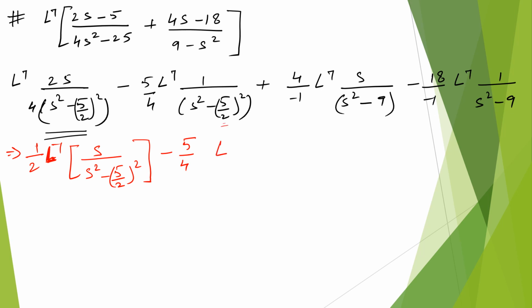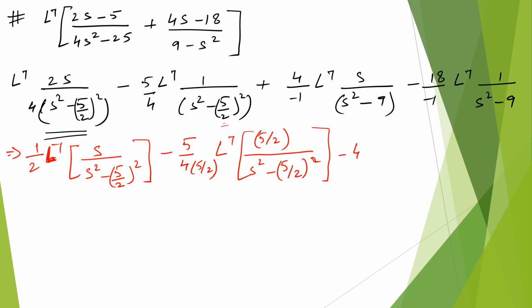So Laplace inverse of 5 by 2, multiply and divide by 5 by 2, over s square minus (5 by 2) whole square. This is converted into the Laplace inverse formula of hyperbolic sine 5 by 2 t.